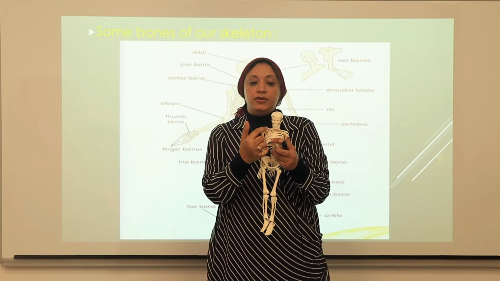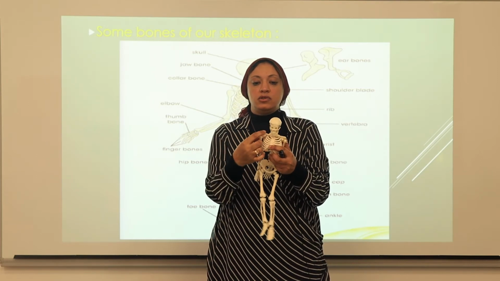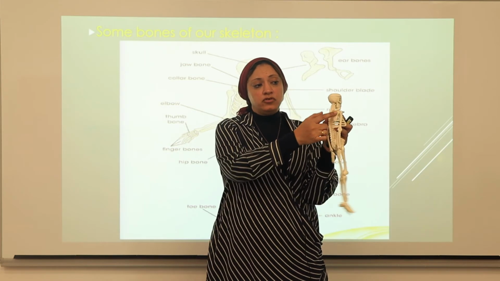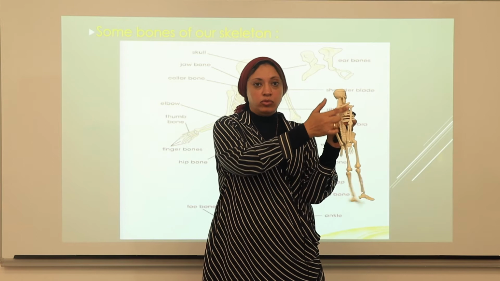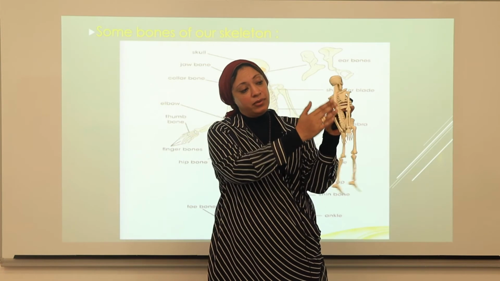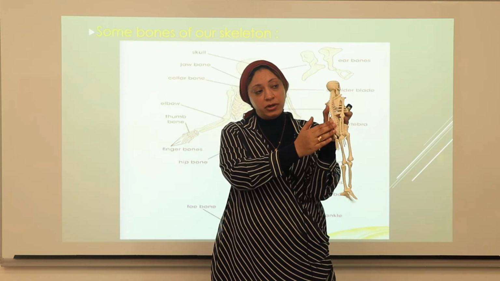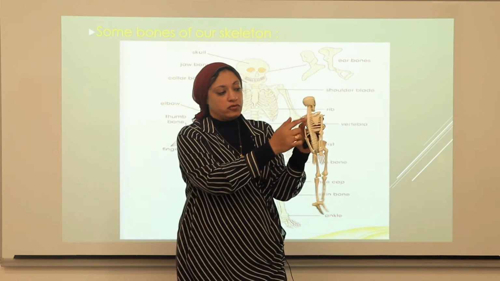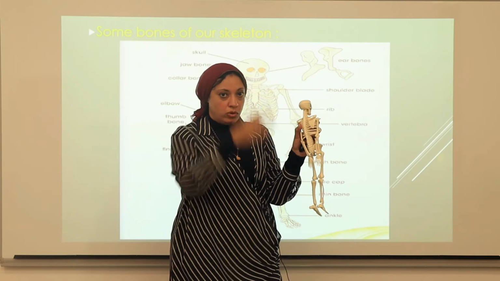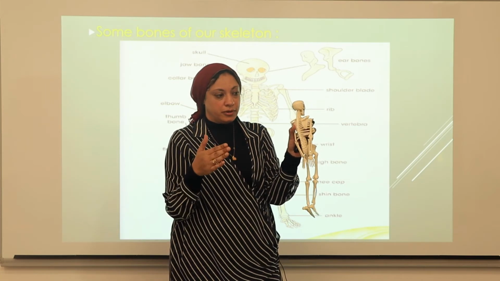And then I have here the collarbone. At the back we have here the shoulder blade, which is a flat bone. And then I have here the backbone or the spine, and it is formed of small bones. Each one of them is called a vertebra. All of them are called vertebrae.